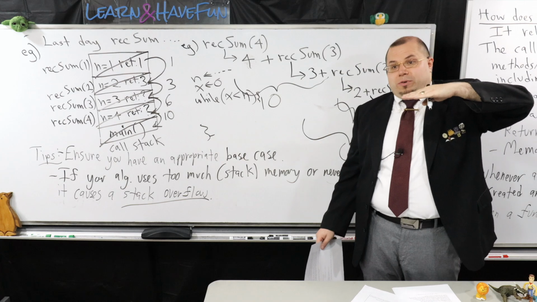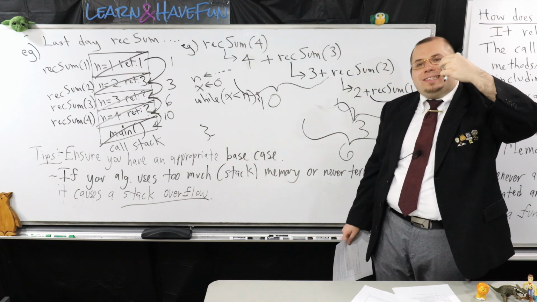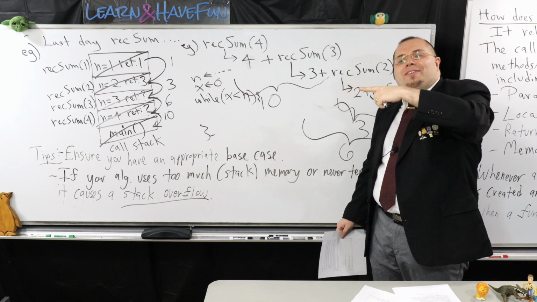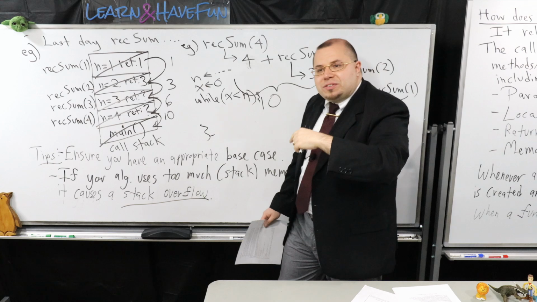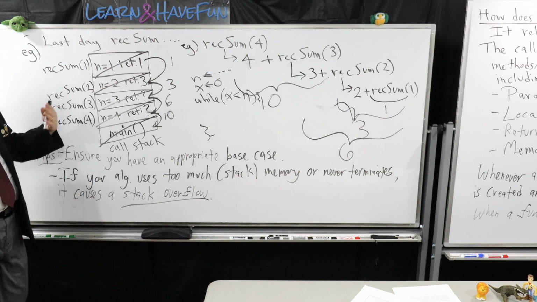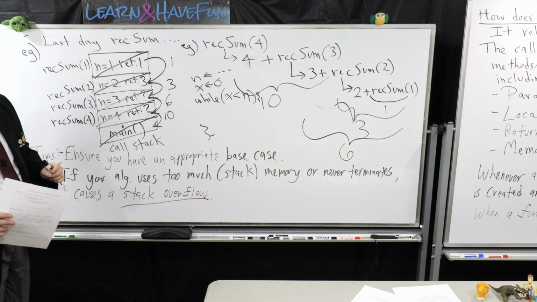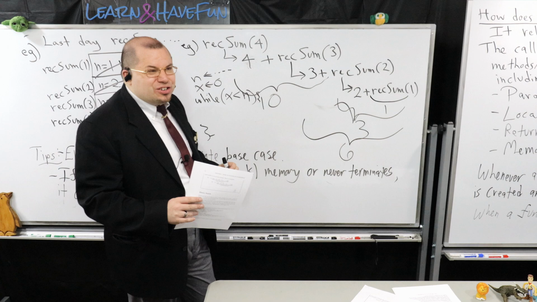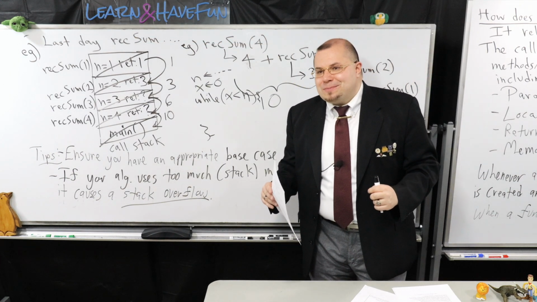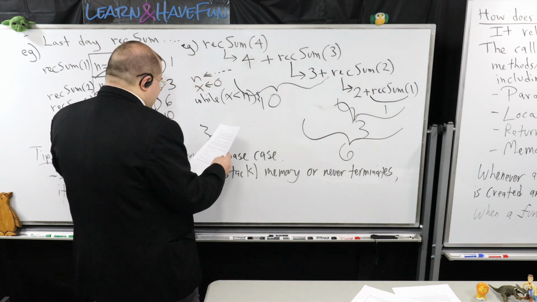If the stack gets very tall, what we would call a very deep recursion, you're going to end up using a lot of memory. What happens when you use too much memory is what we call a stack overflow. Some programming languages will literally throw an exception called the stack overflow exception. But I encourage you to play around with this. It's really a lot of fun.